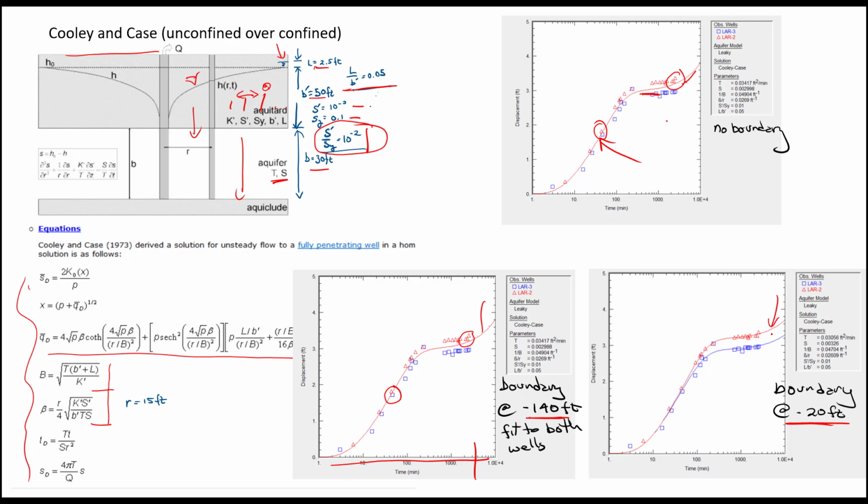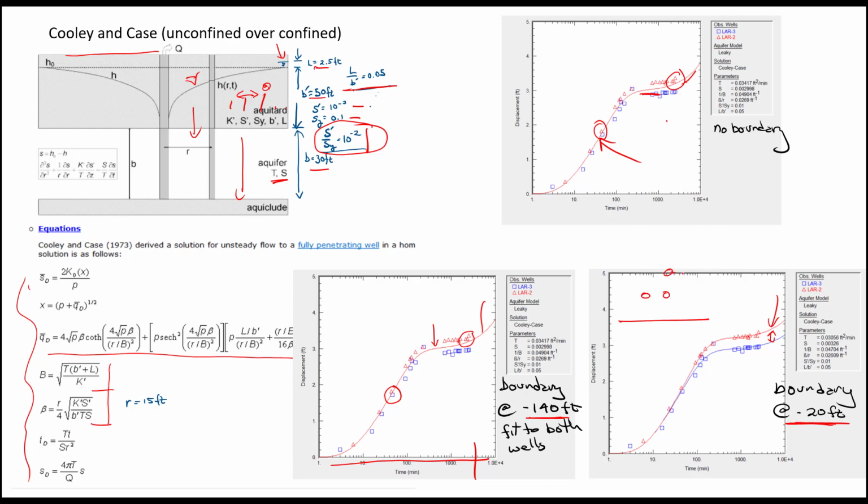I have the curve split, and here both curves are the same, but these curves split up because now the boundary is quite close, and the positions of the wells are different relative to the boundary, right? The boundary is here. It would be like a stream right here, pumping well, and one monitoring well is there, and one monitoring well is there.